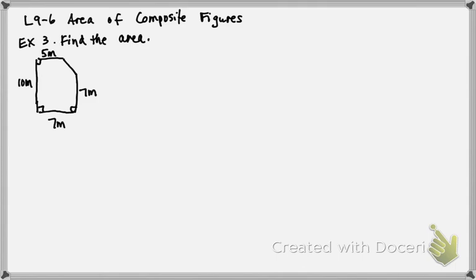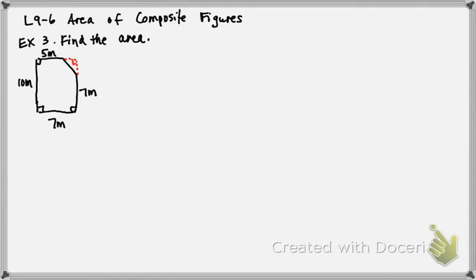So some people might think to do this. Okay, and we could probably figure out the area of that trapezoid. But I'm going to do a little different idea. Okay, you might have thought of that one already. But what if we do something like this? If I add a corner, now I have a rectangle, right?